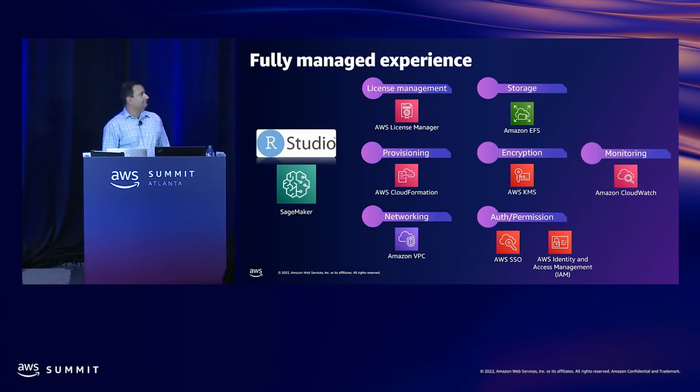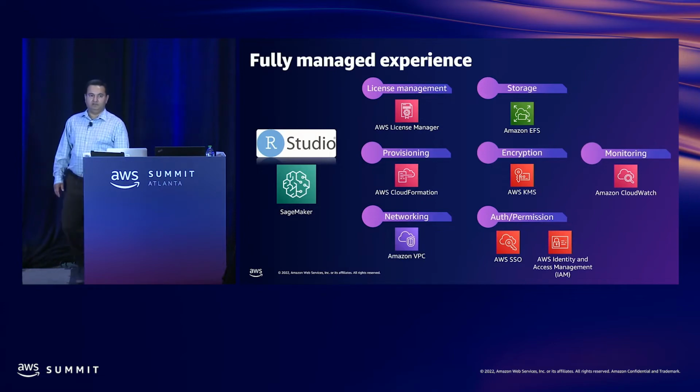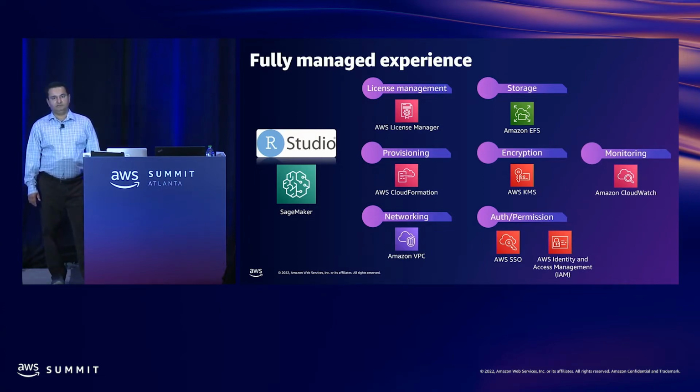Okay, so to recap, what is the advantage of using RStudio on SageMaker? We know that when we are coding in Python in SageMaker, we have access to tools such as SageMaker Processing, for example, where you run your data crunching and feature engineering jobs on temporary instances, which are started when your processing job starts.